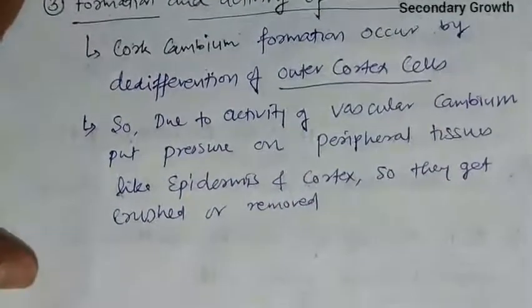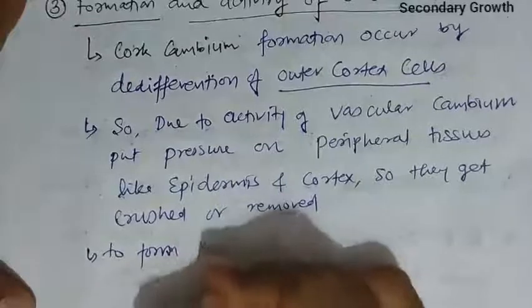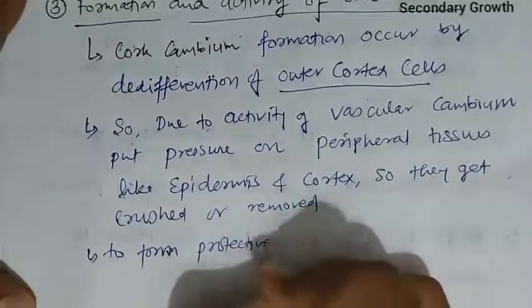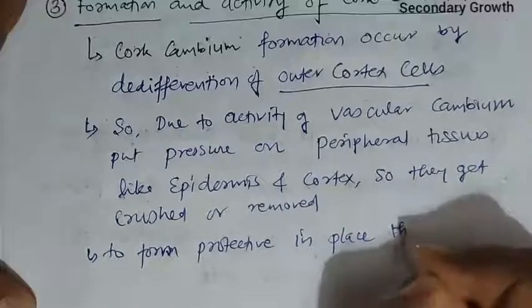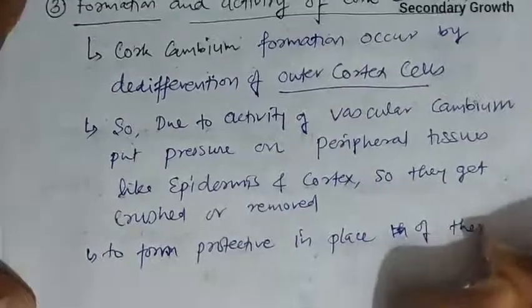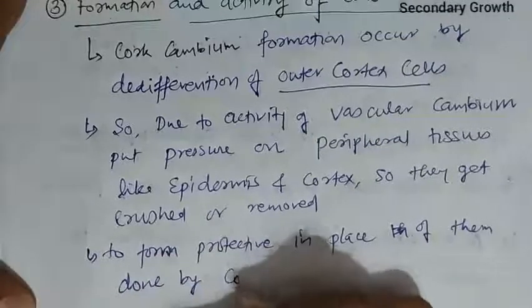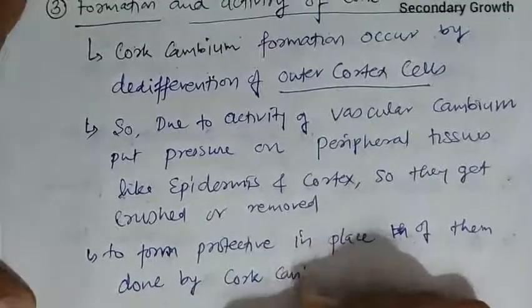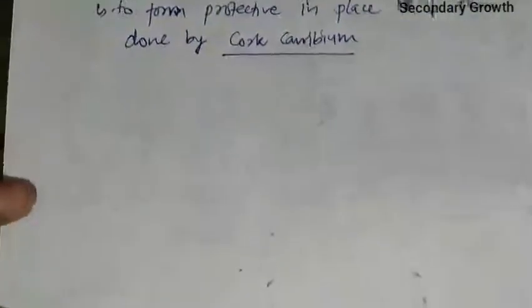To form a protective layer in place of them is done by the cork cambium. So cork cambium is formed by the dedifferentiation of outer cortex cells.